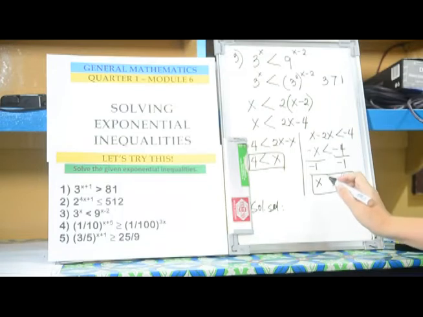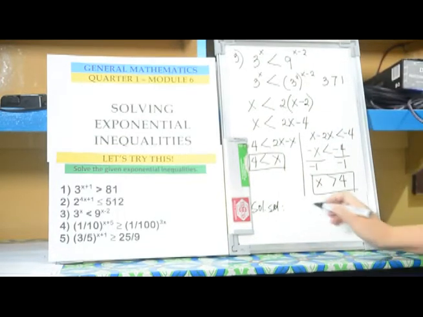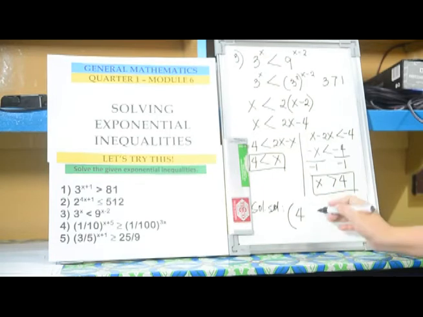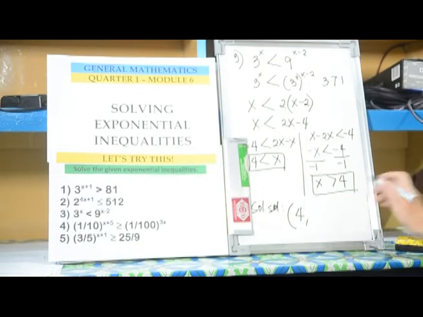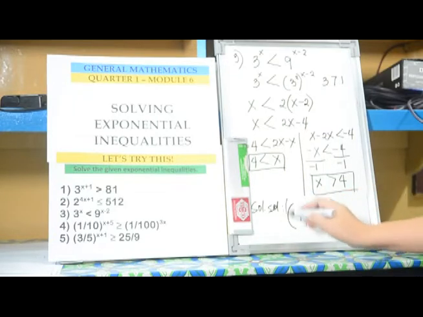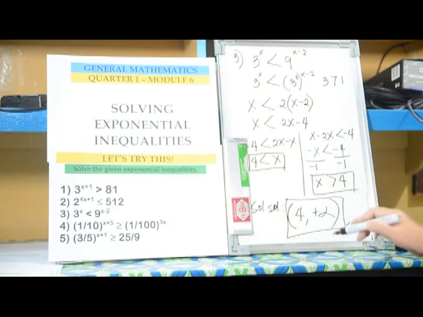So it's open-ended, so x must be greater than 4, going to positive infinity. So open parenthesis 4, since it is not included as the solution, and going further to positive infinity. That would be the solution set for the given example number 3.